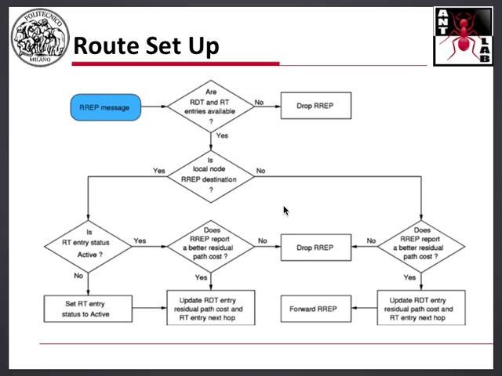If the answer is yes, the end result is that the current node, which is the source of the route request process, will update its own routing table, okay, and then it will signal as a next stop the proper next stop, which is specified by the route reply message.